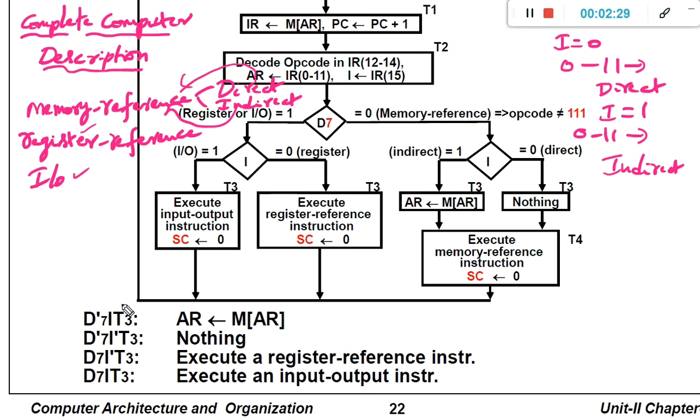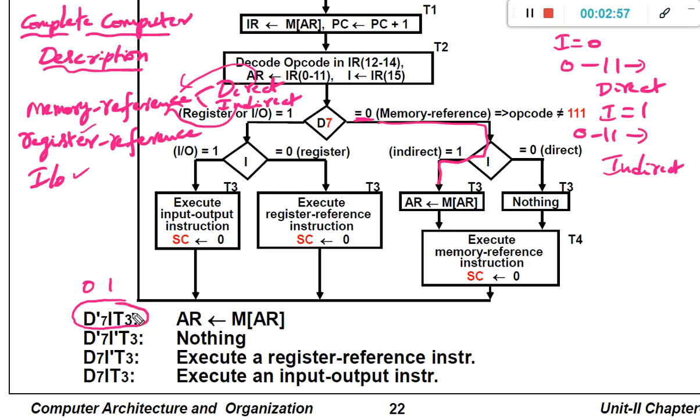The first code is D7'IT3. Here D7 dash means the value of D7 is 0, and I means the value of I is 1.